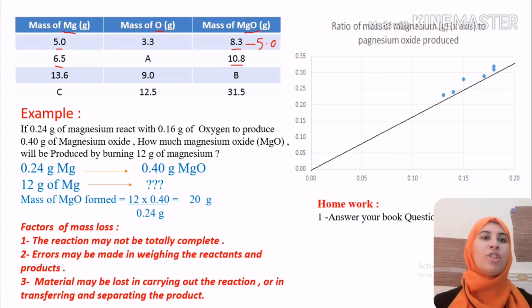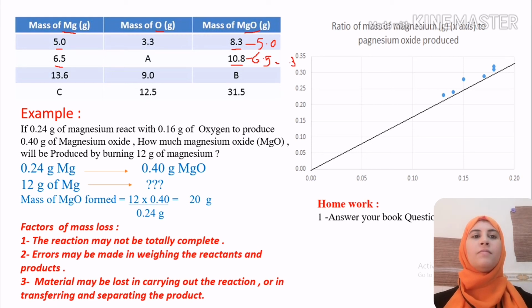So mass of oxygen is 10.8 minus 6.5. So we can say that we have 3.3. It is the mass of oxygen involved.